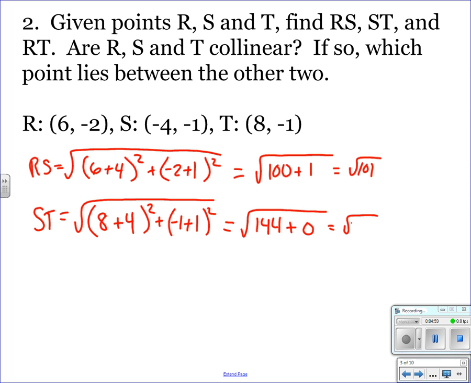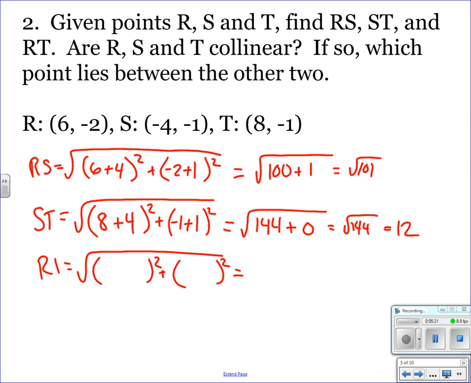So I have the square root of 144, which is 12. And then let's find RS. I'm sorry, we already found RS. TS I found. Come on, Marnell, get with the program.